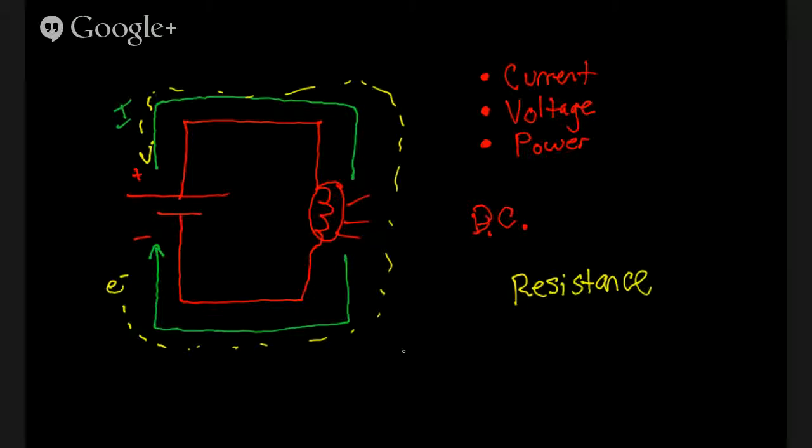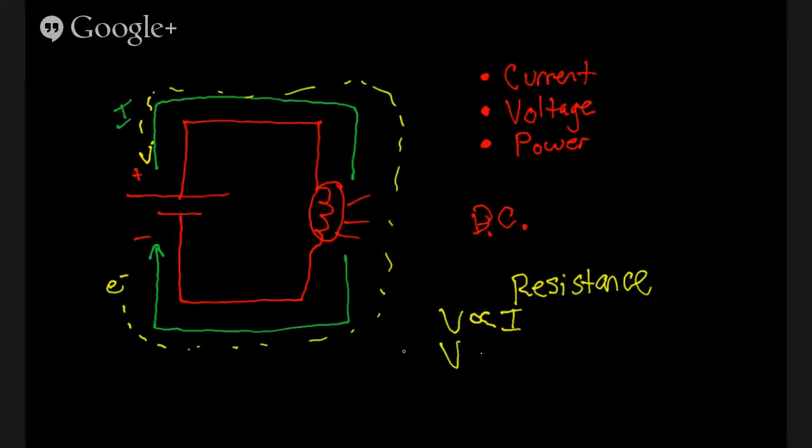All right, and there's a relation. A guy named Georg Ohm noticed that there was a correlation between voltage, which is electromotive force. We'll get into that in a little bit. And there was a correlation between voltage and current. And it was directly proportional, and he called this proportion resistance.